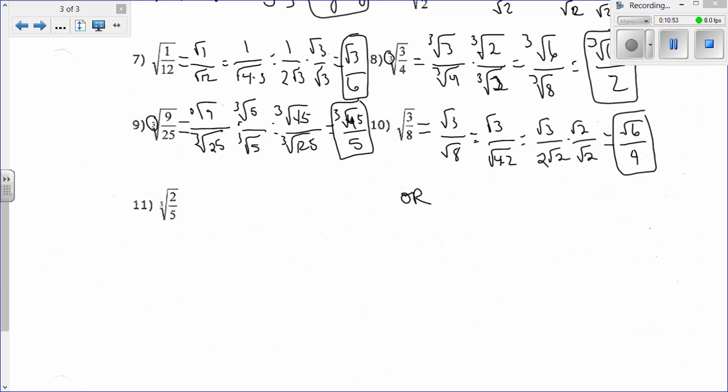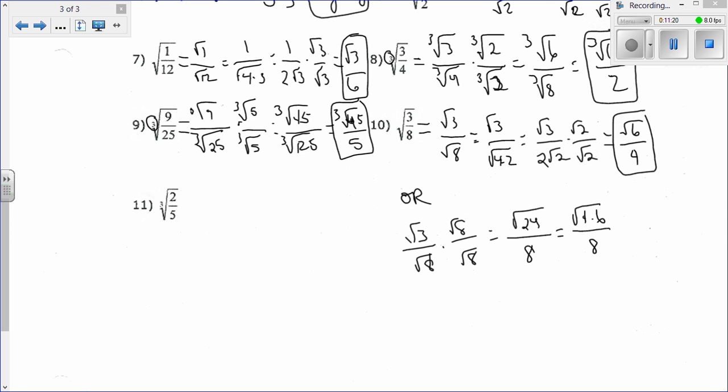So I would start out with radical 3 over radical 8, and I'm just going to multiply by 1 in disguise, which is radical 8. Because they're both under the radical, I can multiply them, so I get radical 24 over radical 8 times radical 8 is 8. I can break 24 down to the square root of 4 times 6 over 8.